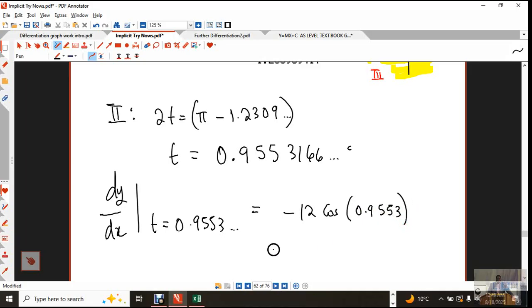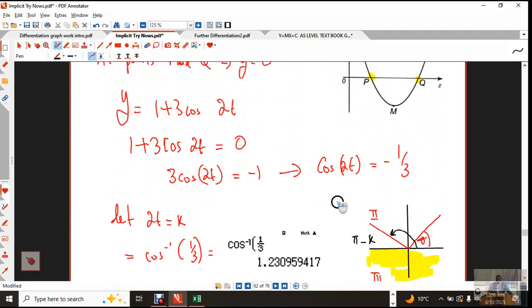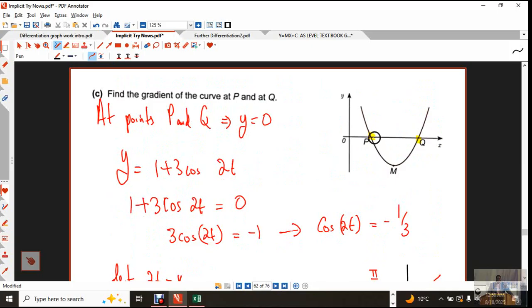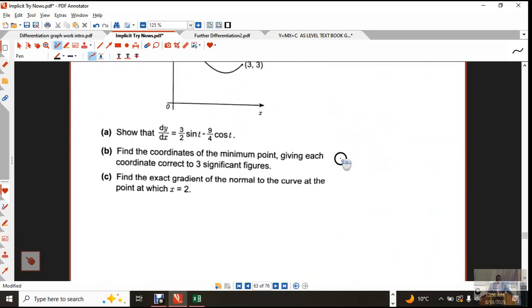It's very important that you understand something about these curves: the gradients will be equal but with opposite signs. So if the gradient at P is negative, the gradient at Q will be positive. So my answer will be positive and negative here.